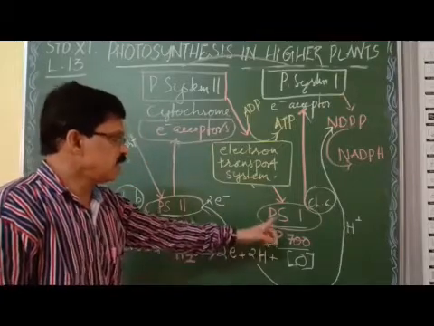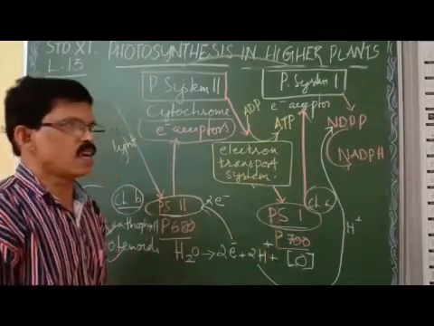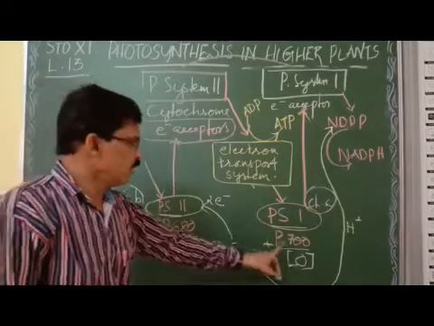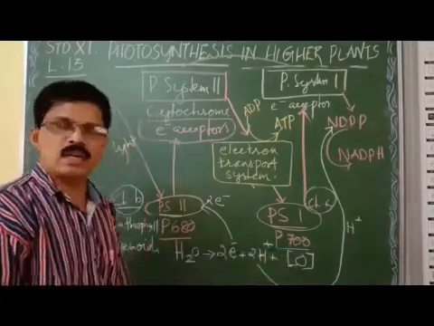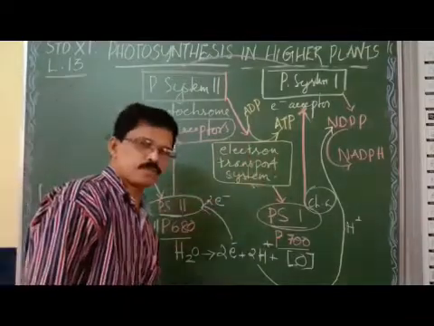It means that the reaction center of pigment system 1 can be excited when light with 700 nanometer wavelength falls on it.